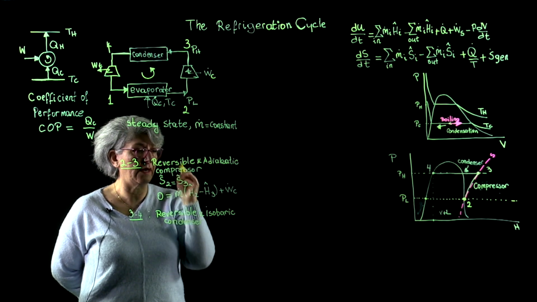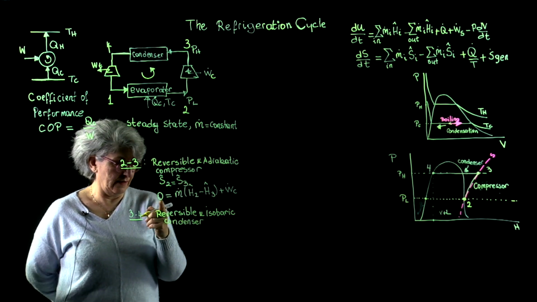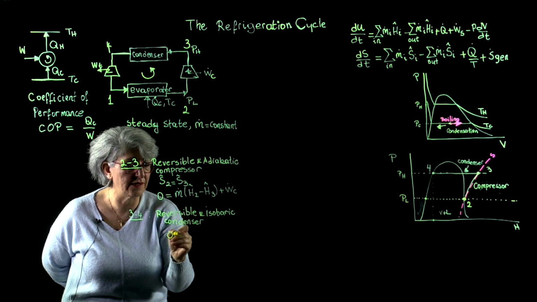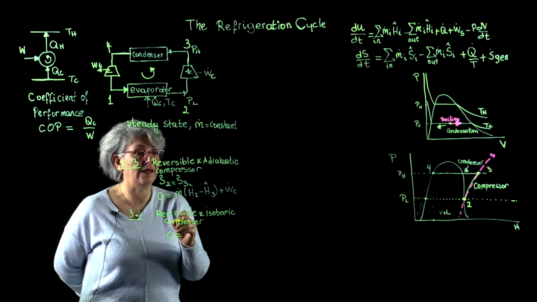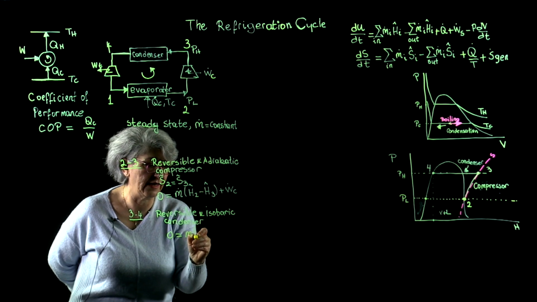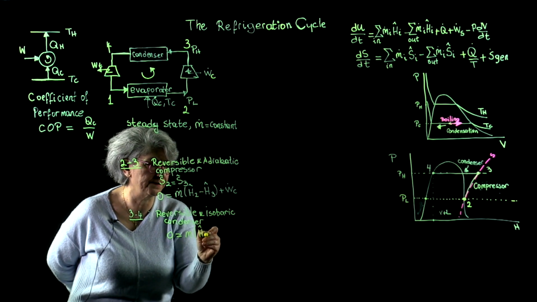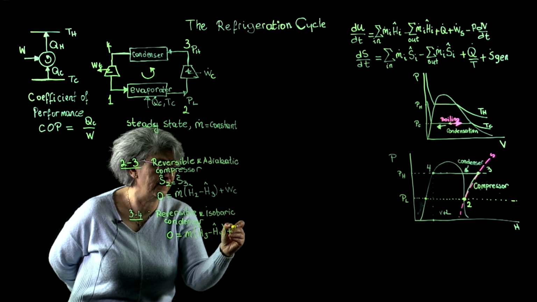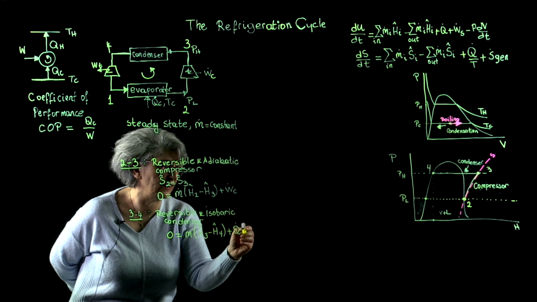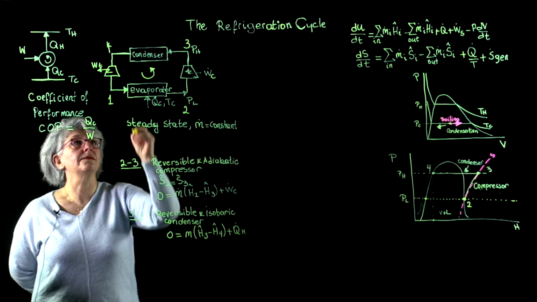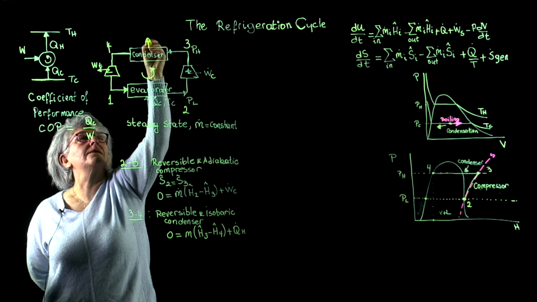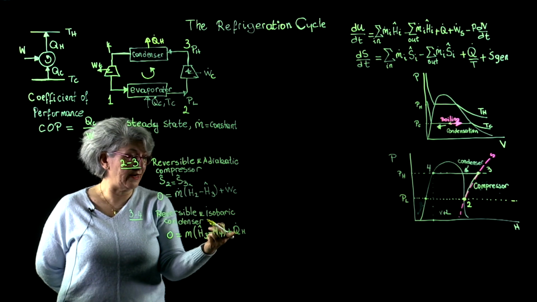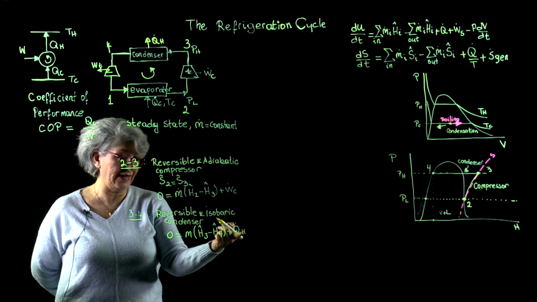And this reversible and isobaric condenser is subject to the same energy balance, operates at steady state, and m dot H in is now H3, H out is now H4, and I have Q sub H. All right. So from here, I can now evaluate Q sub H.